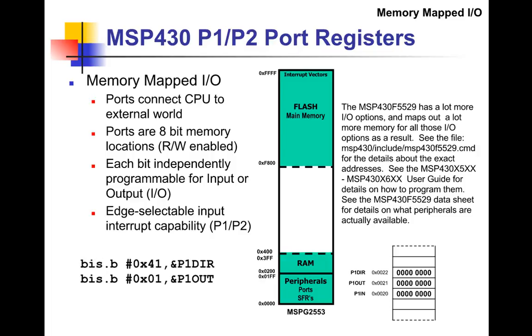So here's some assembly language instructions that would write to the port 1 direct. Well, first of all, it sets the data direction to be output for those bits that are set in 0x41, and then it actually takes and makes one of those bits high with bis.b, the 0th bit.